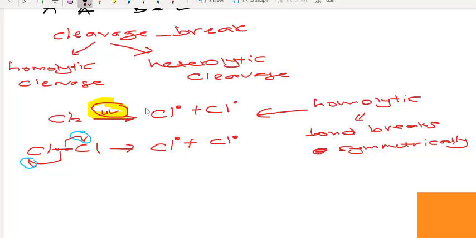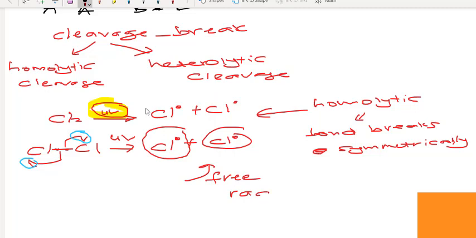Dot here means one electron. This is the example of homolytic cleavage. The species produced here, we call free radical.